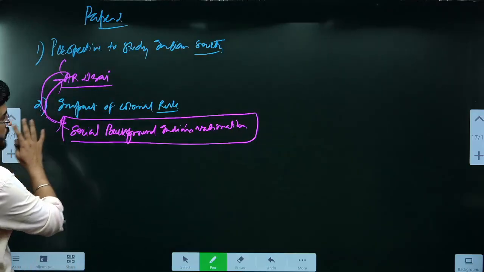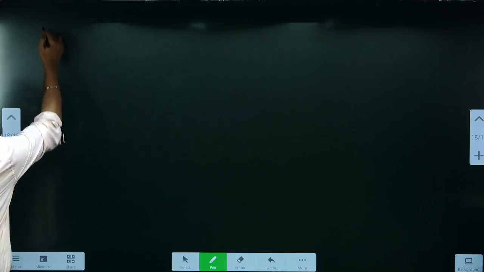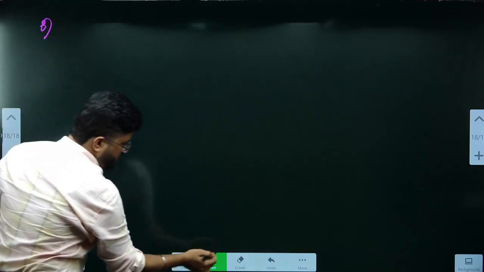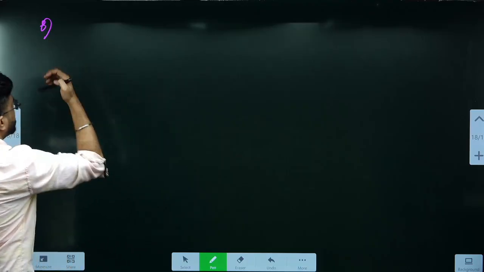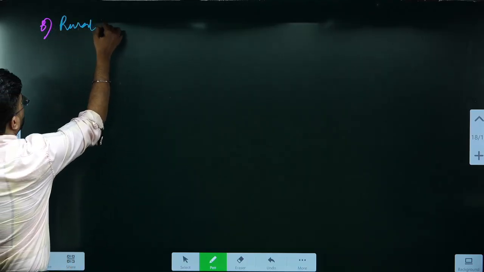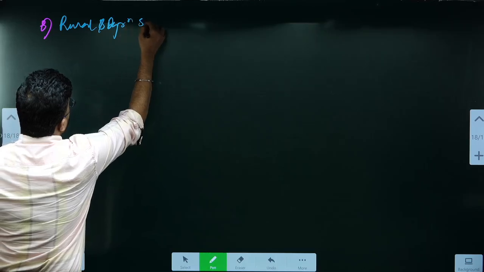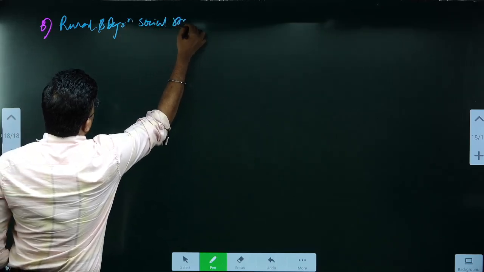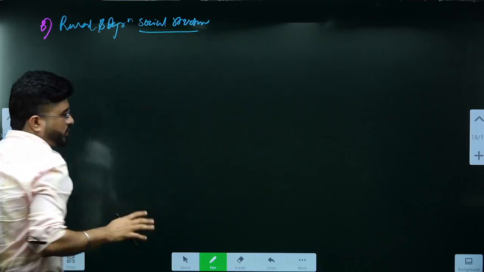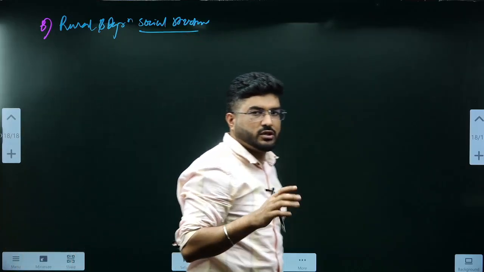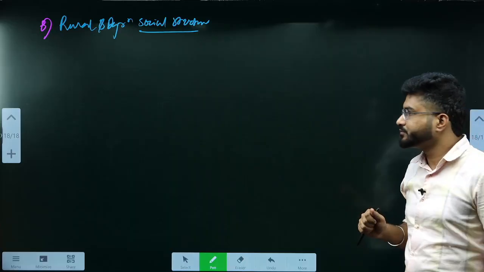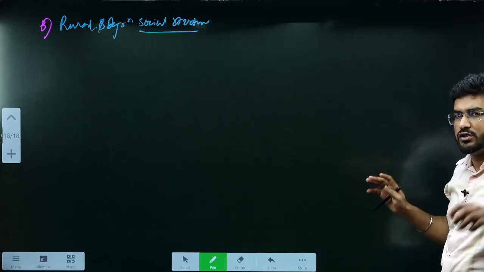Now from here we will be getting a larger view of the integration of different chapters of paper 2. Rural and agrarian social structure, where you read about the idea of the Indian village, land reforms, land tenure system.